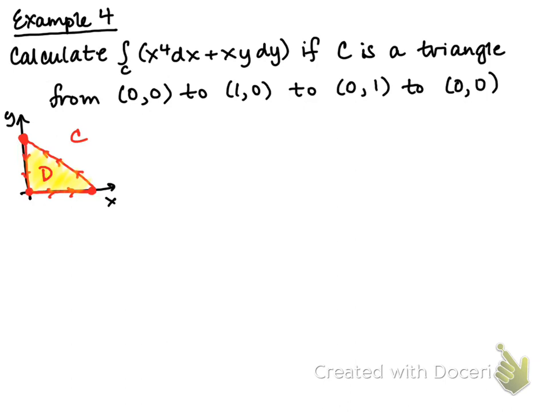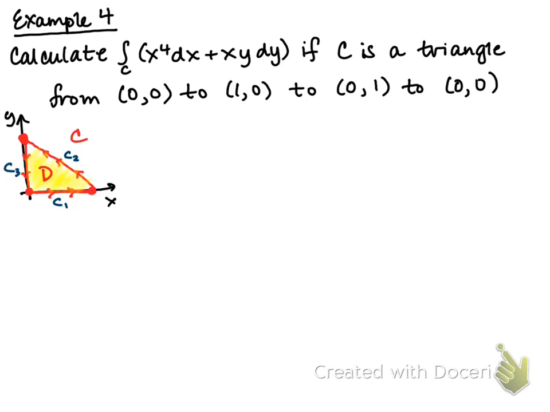It would be a lot of tedious work because we would have to break this up into a C1, a C2, and a C3 and evaluate 3 separate line integrals, parameterize. It would be really tedious. But C is a simple closed curve with positive orientation bounding this simply connected region D.